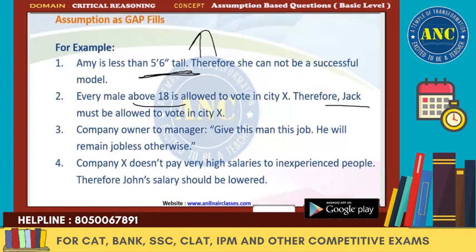That this man will not be able to get any other job. Company X doesn't pay very high salaries to inexperienced people. Therefore, John's salary should be lowered. What is that implying? The assumption is that John is inexperienced.